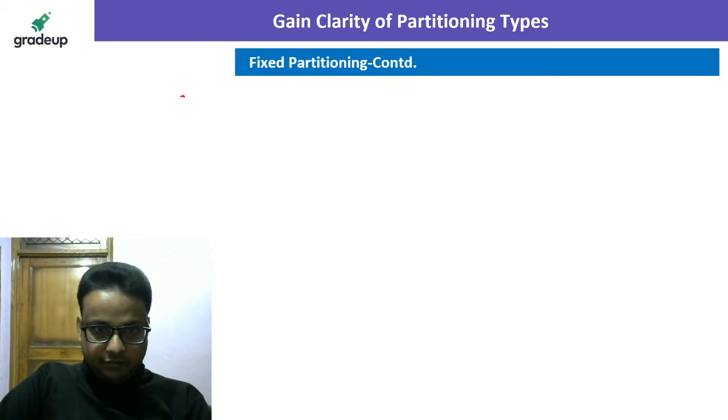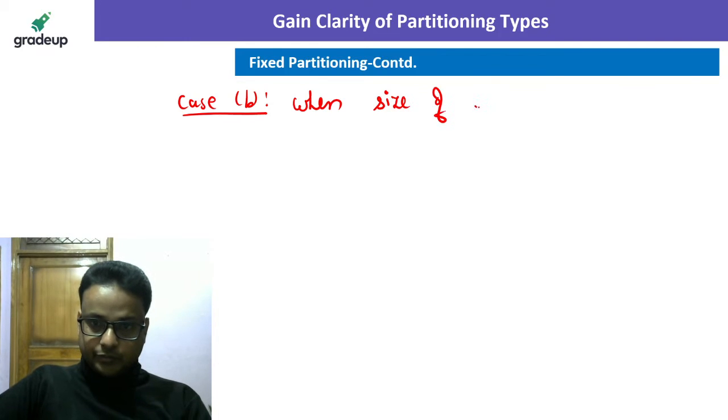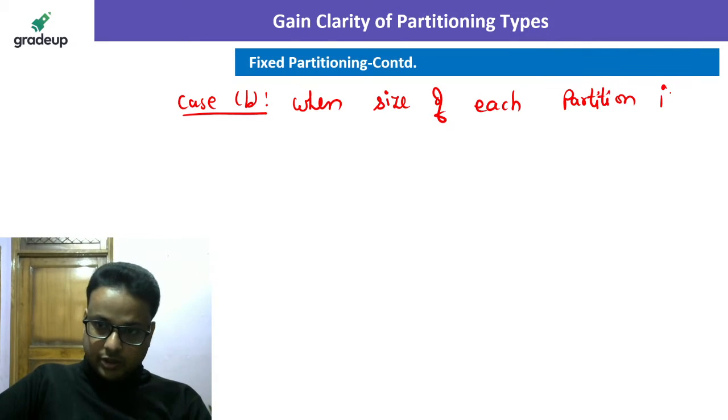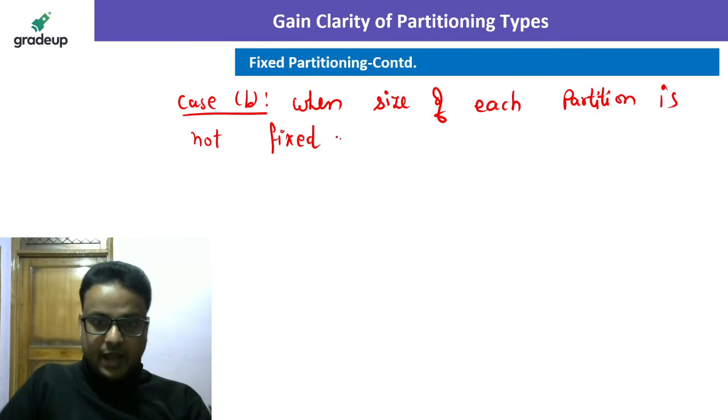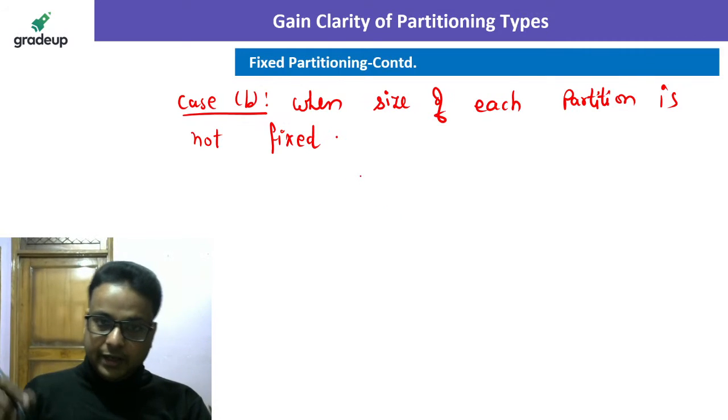Okay, so if we see case number B, or second case, when the size of each partition is not fixed, the number of partitions is still fixed.